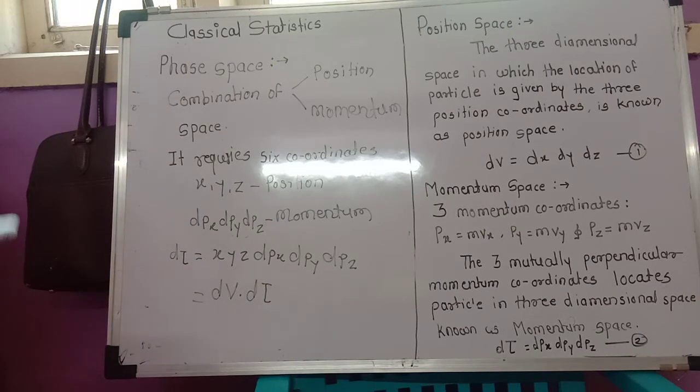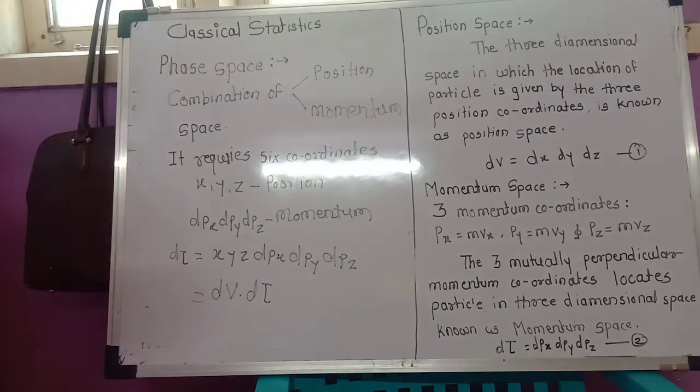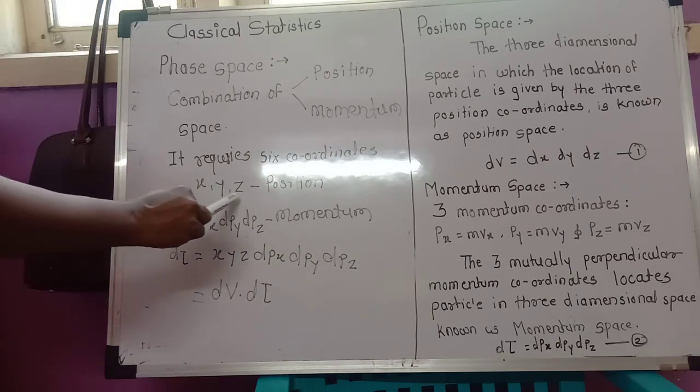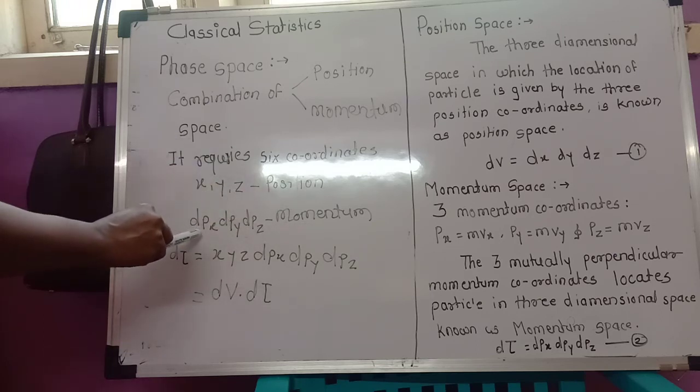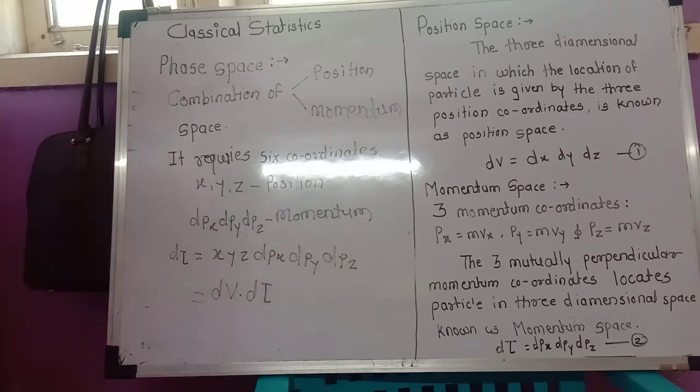Now we see the phase space. What is the phase space? Phase space is a combination of the position space and the momentum space. The phase space requires six coordinates: three position coordinates x, y and z, and three momentum coordinates px, py and pz.